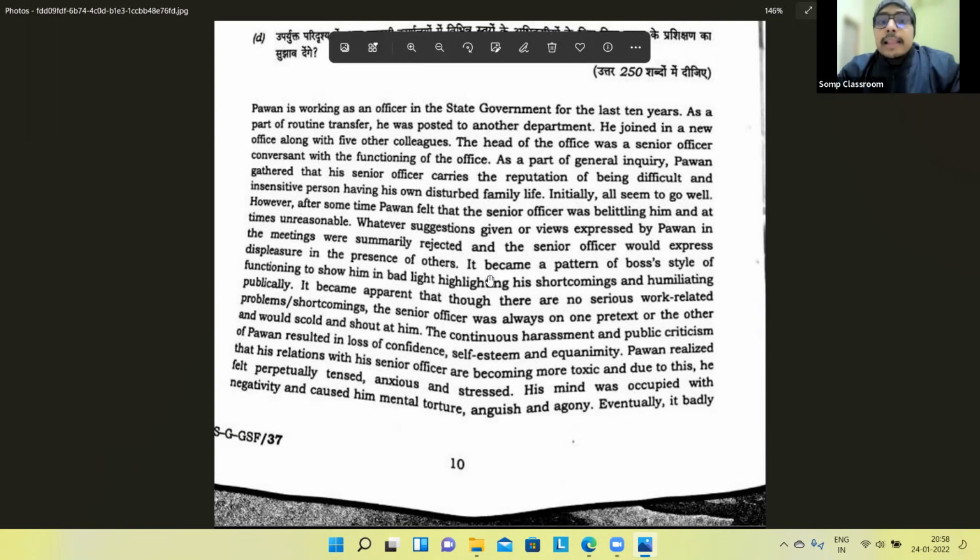Okay, so you should always note these points down in your mind. It is saying that he is insensitive, with a reputation of being difficult. Now, reputation of being difficult can have 2 connotations. We have to proceed further to know what it is.